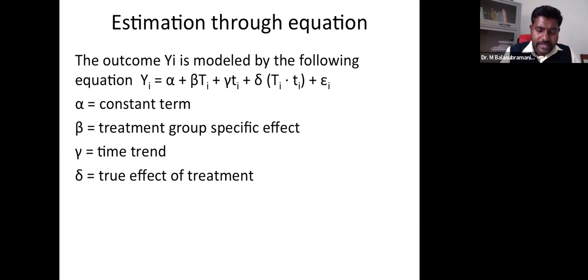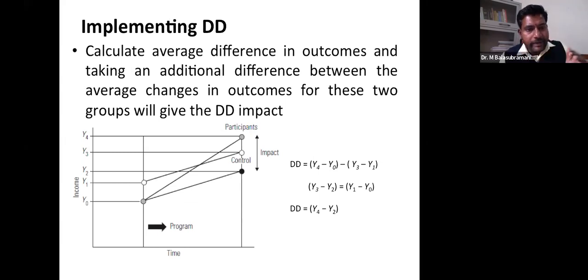The alpha denotes the constant term. The beta denotes the treatment group specific effect. This is nothing but what I said in the earlier equation, to account for the average permanent difference between treatment and control. If you are taking this sample, considering y0, y1, if this is your participant and this is your control, some kind of permanent difference is there.